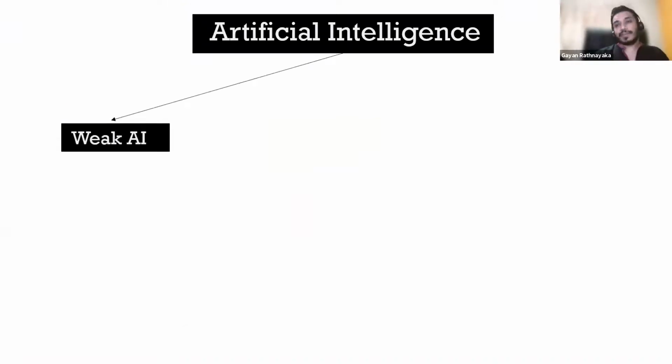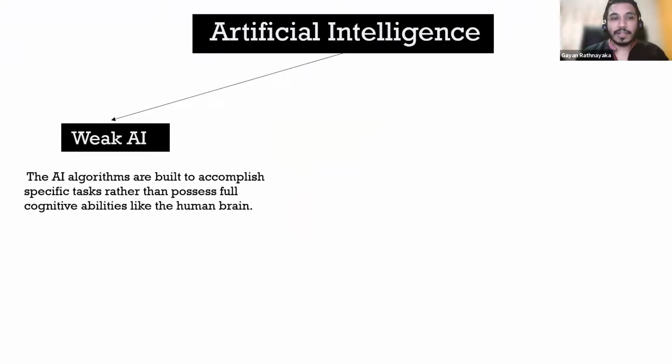When it comes to AI, we have weak AIs and strong AIs. First, let's have a look at weak AIs. A weak AI is an algorithm built to accomplish one task or maybe a few tasks, but it can't think on its own. For example, you have heard about Siri, right?